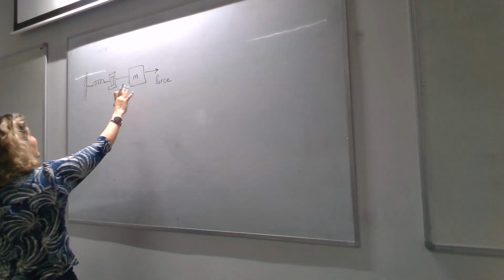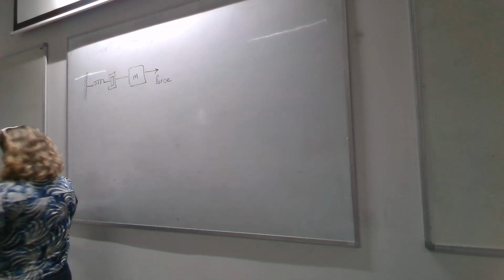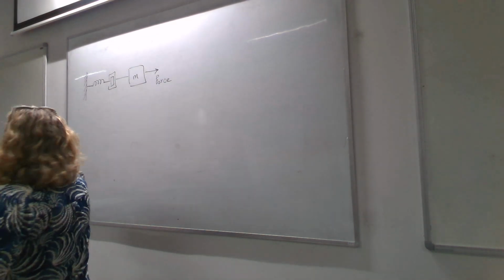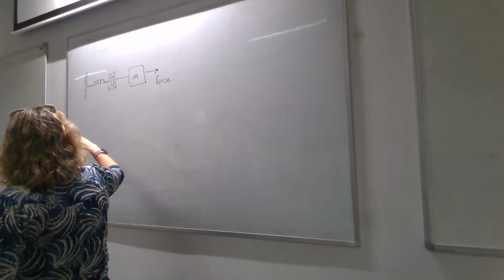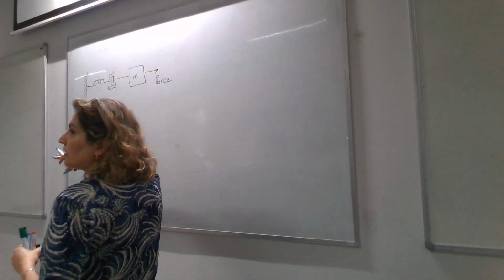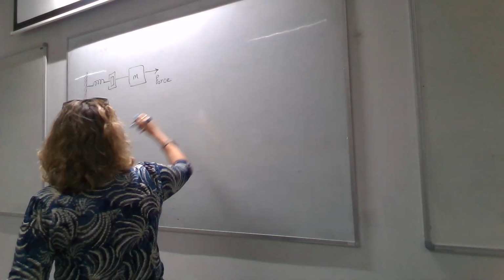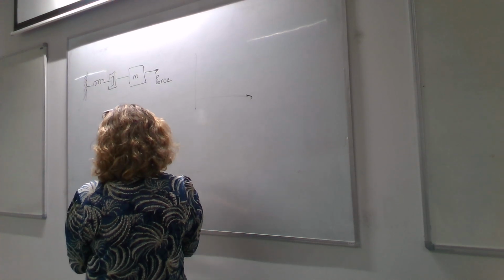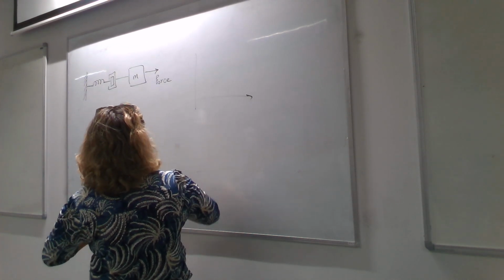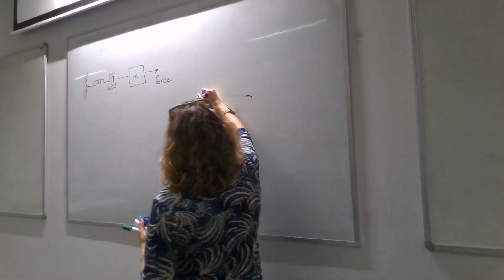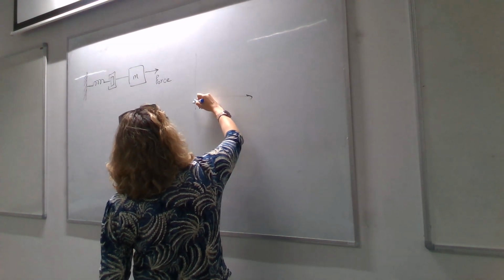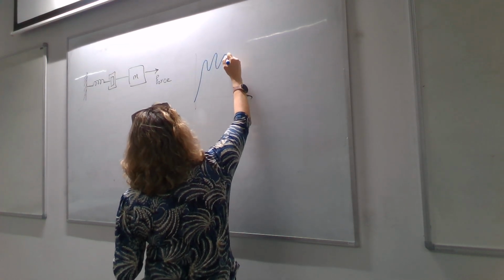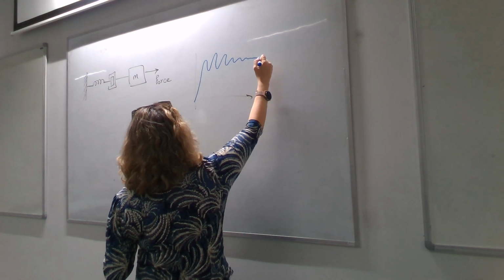So the way that the system is going to respond is going to start from this initial value, okay, the initial state that it has, and then it's going to move toward this oscillation state. If I want to plot it, remember how the plot would look like? It's going to have a little bit of exponential, and then it's going to have oscillation, and it's going to settle down. Yeah.